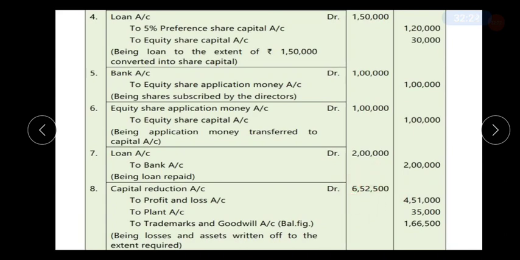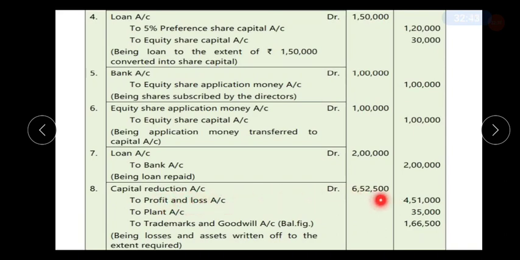So in the capital reduction account, you have a 6,52,500 credit balance, and we are using this to write off the profit and loss account. This is a debit balance of the P&L account on the asset side, so we are writing it off fully, 4,51,000.